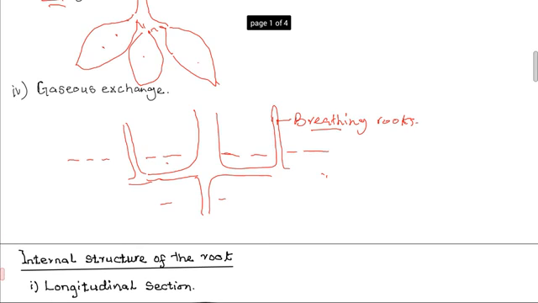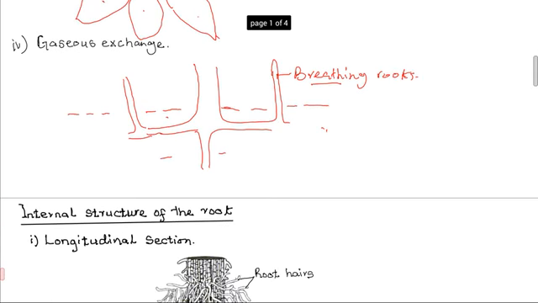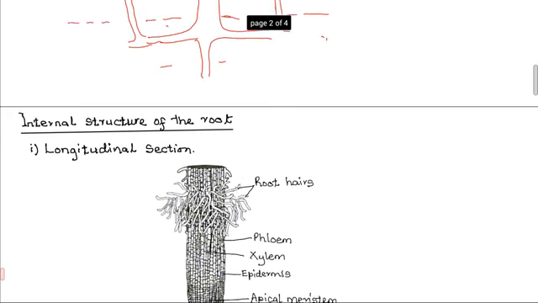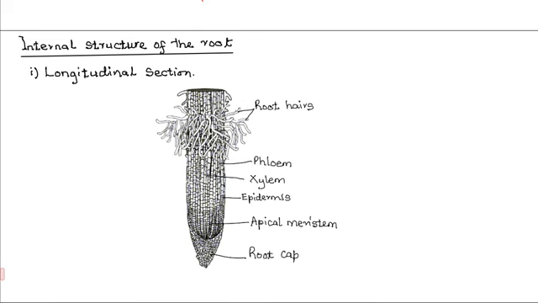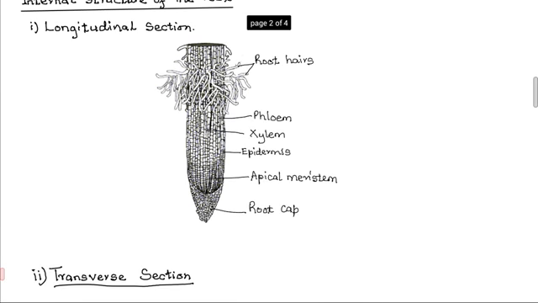Now, looking at the internal structure of the root, first you look at the longitudinal section. A longitudinal section is made by cutting along the length of the root, and when that is done, the following features are observable.